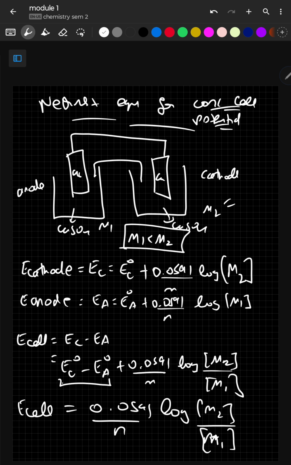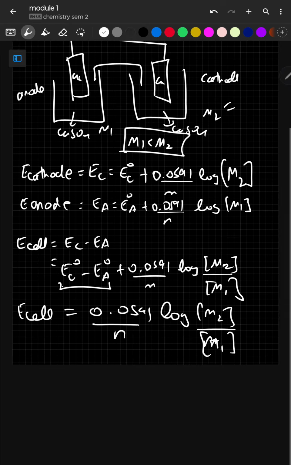So that is EC minus EA, which is EC naught minus EA naught plus 0.0591 by n log of M2 by M1. EC naught minus EA naught is 0. So E cell is 0.0591 by n log M2 by M1. That is it. Nothing is hard in this, right? So now let's quickly solve a few numericals and we'll be done with this.